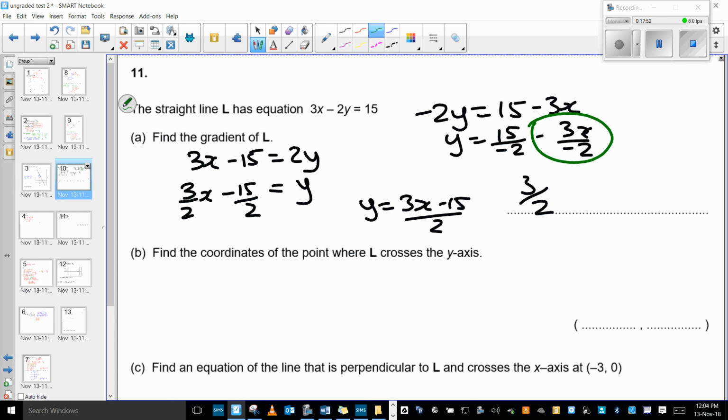Okay? And find the coordinates at the point where L crosses the y-axis. So these are the coordinates of it. How do we know the coordinates of where it crosses the y-axis? What's another way of saying what they're asking? The y-intercept, yes. So what is that?